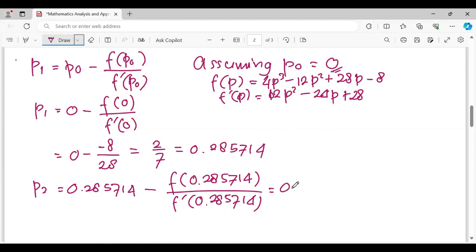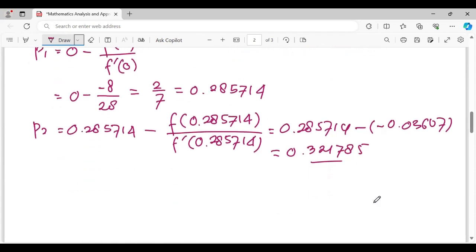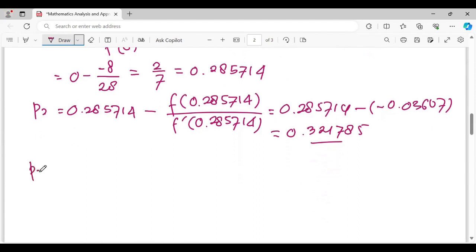So it will be 0.285714 minus, actually minus becomes minus, 0.0383607, and the result is 0.321785. This is P2.